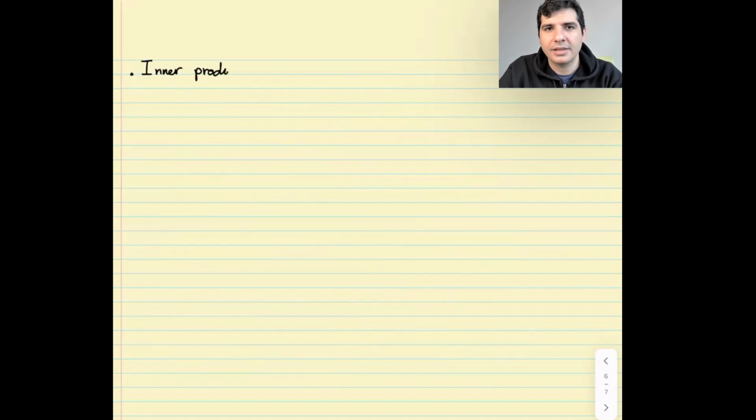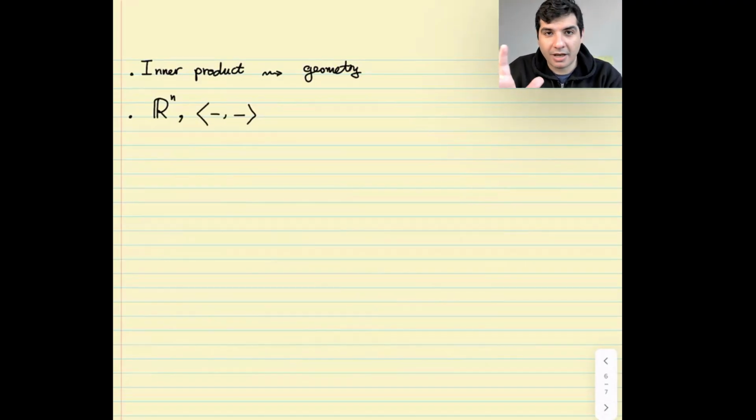Okay, great. So our inner product gives us geometry. That's what we claimed. Why is that? First note that if I have a vectors in R^n, using an inner product, which might be a non-standard inner product, let's denote our inner product with this notation.